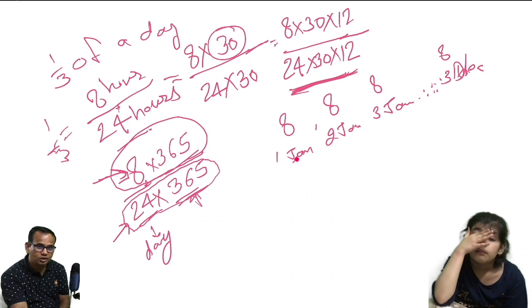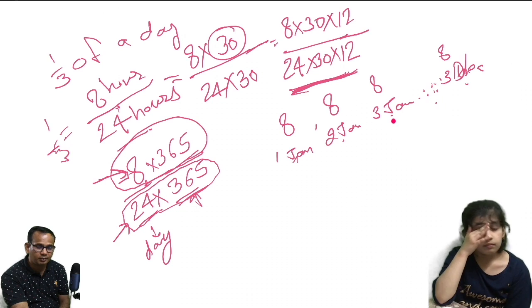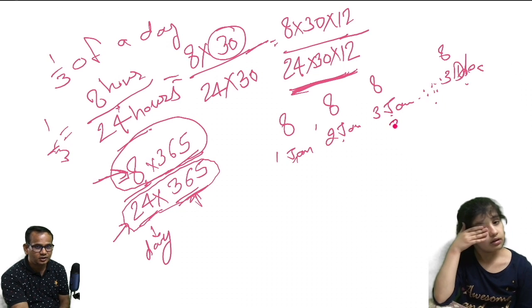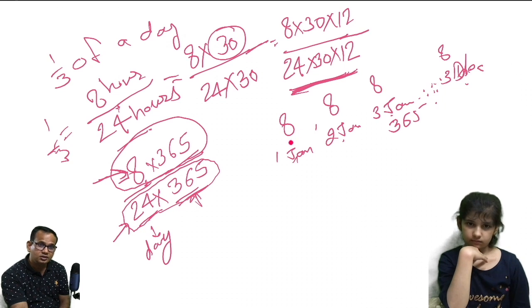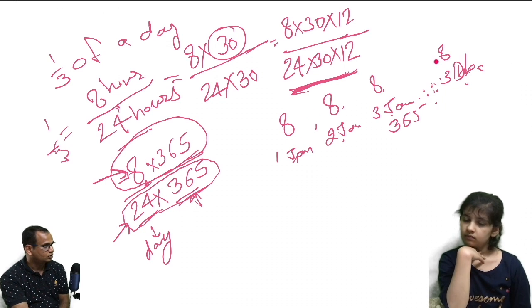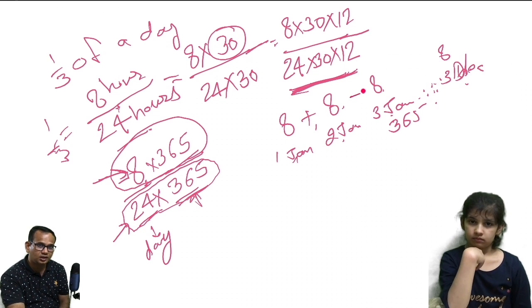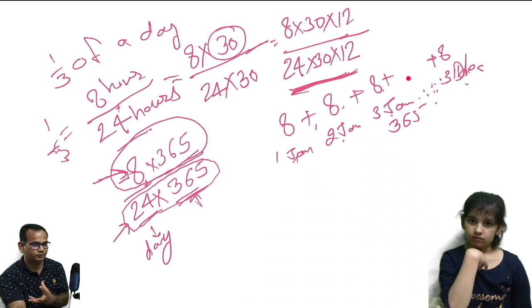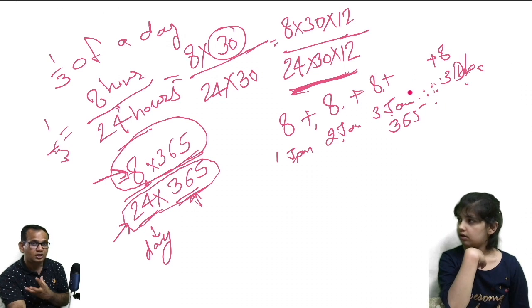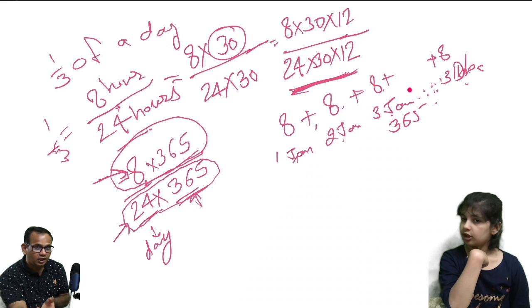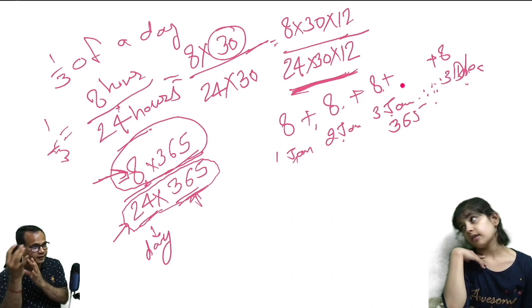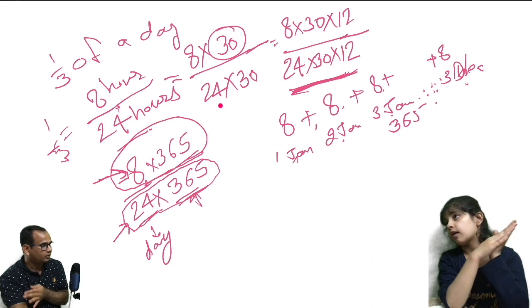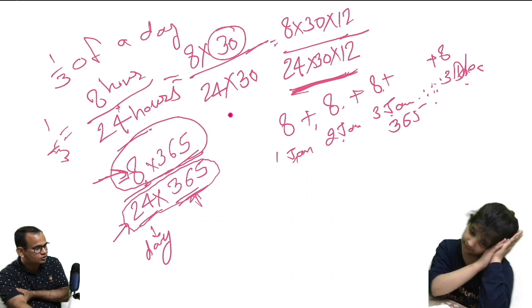How many days are there, Visha? 365. And each day we slept 8 hours, so we have to add those 8 hours to calculate how many hours we slept. So 8 multiplied by 365: either we add 365 times, or we multiply by 365. Understood? Yeah.